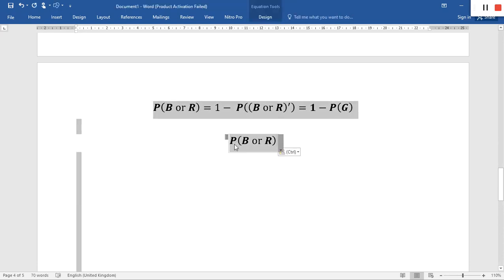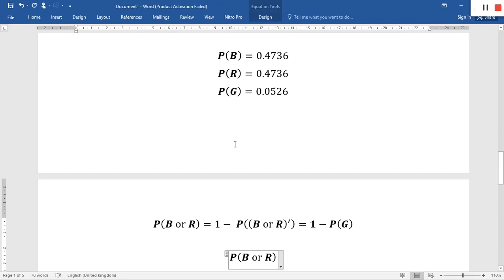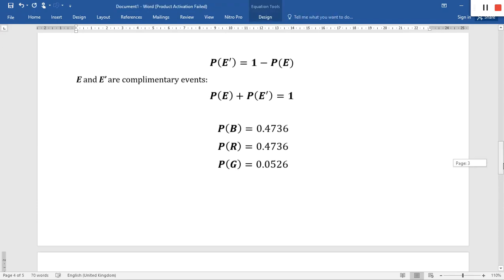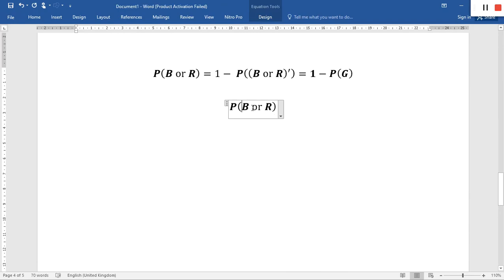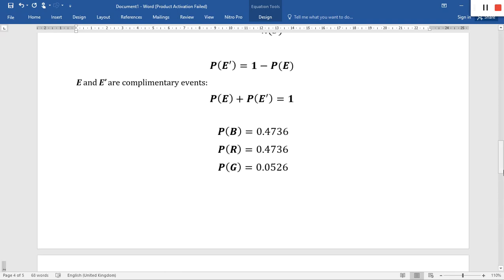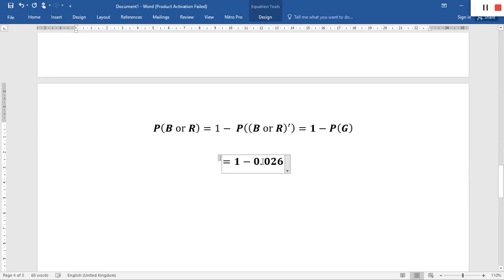So here we're going to be having 1 minus 0.0526, and that's basically what we have here. And when you check that, that's equal to 0.9474.